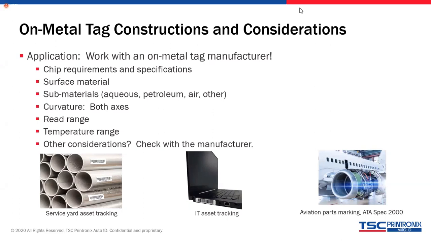In the lower right, a particularly interesting application is aviation parts marking. There is something called ATA Spec 2000, which defines the RFID labeling for this application. Do you want to be in line with ATA Spec 2000 and so on? Well, this is a very complex application, so make sure to find a tag manufacturer who has experience manufacturing tags for this application.